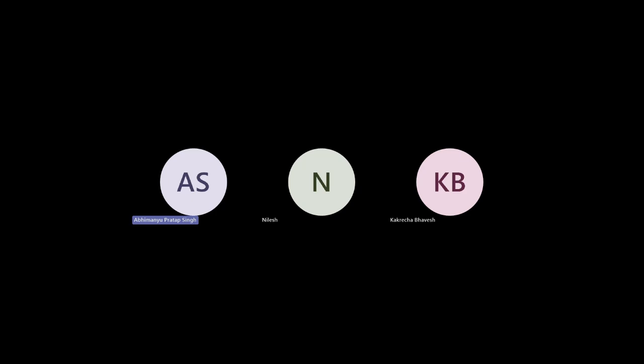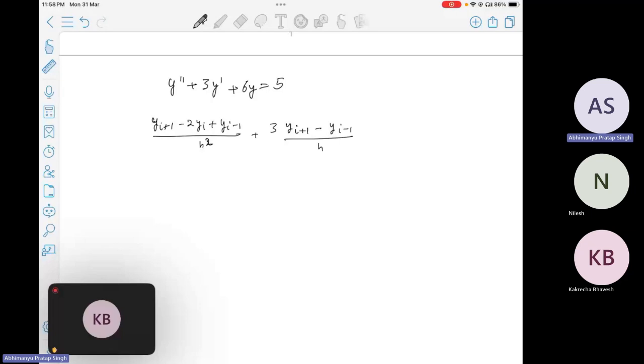So minus yi plus 1 minus yi minus 1 over 2h, plus 6y equals 5.